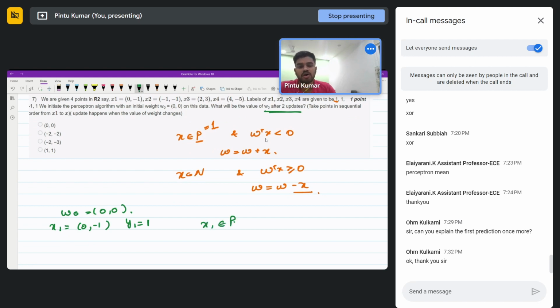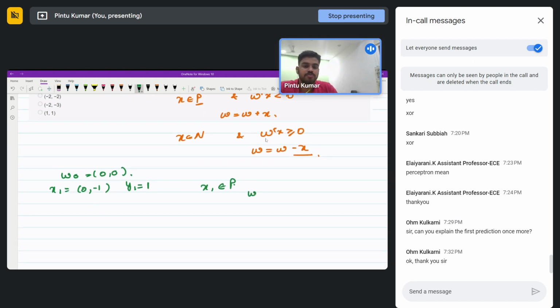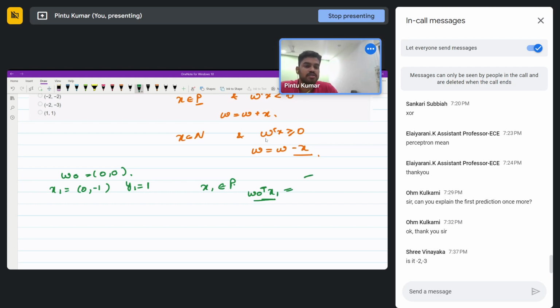Now I'll take W transpose x1, which is nothing but the summation of W naught 1 times x1 1 plus W naught 2 times x1 2.